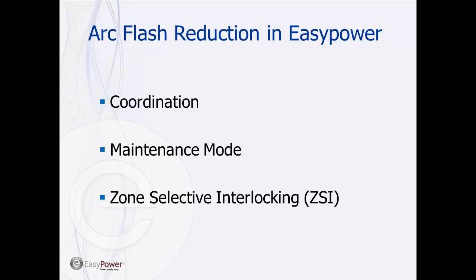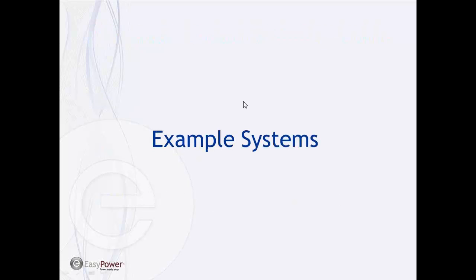Typically the off state is where you see a lower trip time, which results in lower incident energy. So with that, we'll start and show a few different examples and how you would use these different things that we've just discussed within EasyPower.